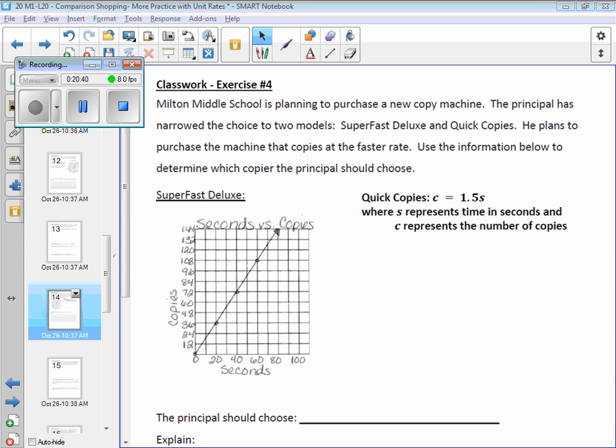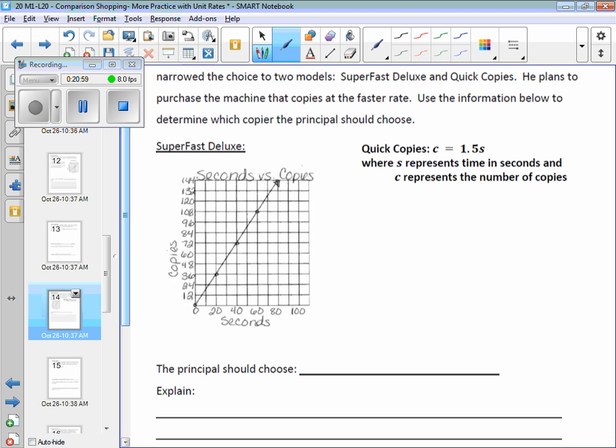All right, let's do Super Fast Deluxe. How do I find the unit rate? It all comes down to you got to get the unit rate for each. 1 into what? Lucas. 12 into 5.48. Are you on the right page?